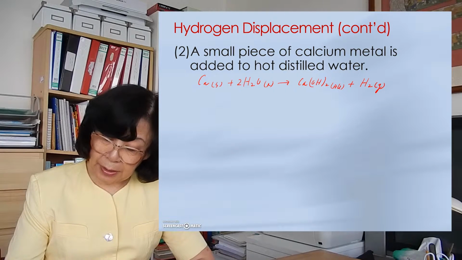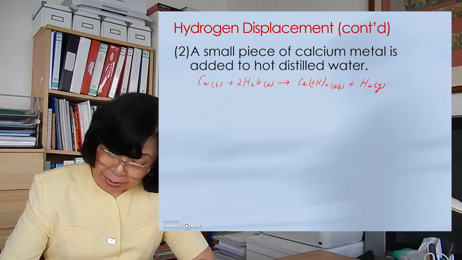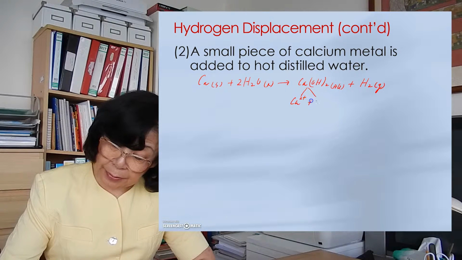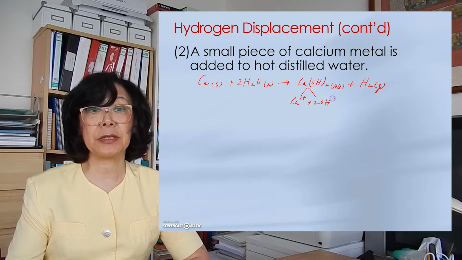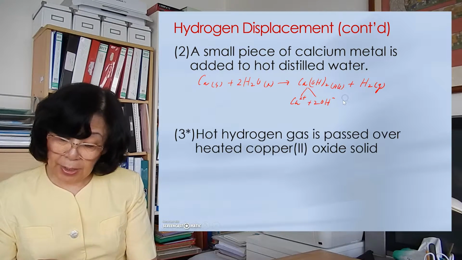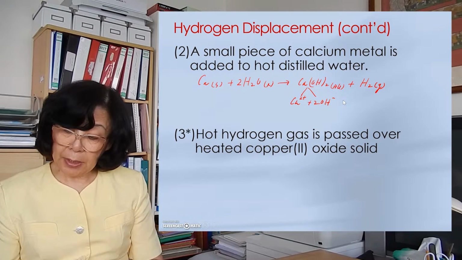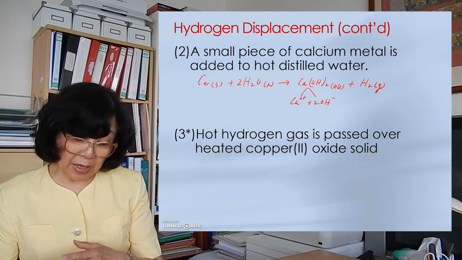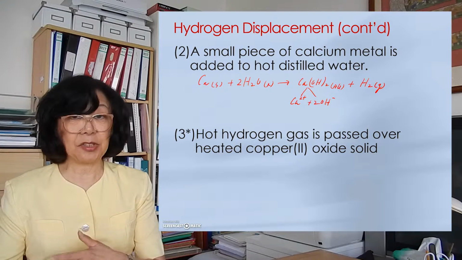So we balance, we put 2 in front of water, and I think everything's balanced. And the only species that I can dissociate would be the calcium ion and the hydroxide ion from the soluble calcium hydroxide. And the next one is hot hydrogen gas passed over heated copper(II) oxide solid. I placed an asterisk here because it really has nothing to do with water, but it has to do with hydrogen.